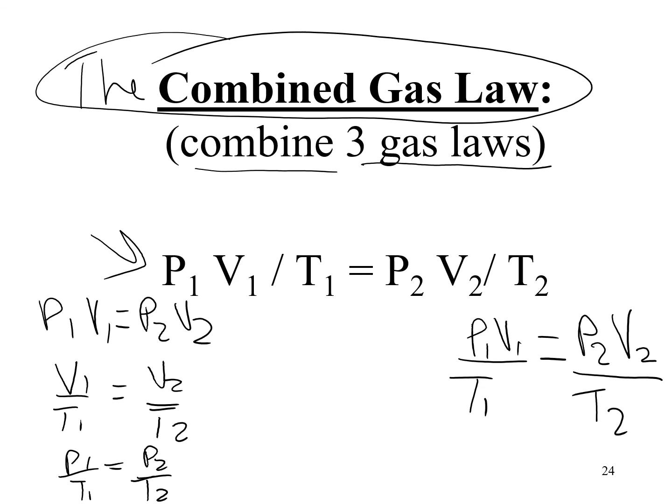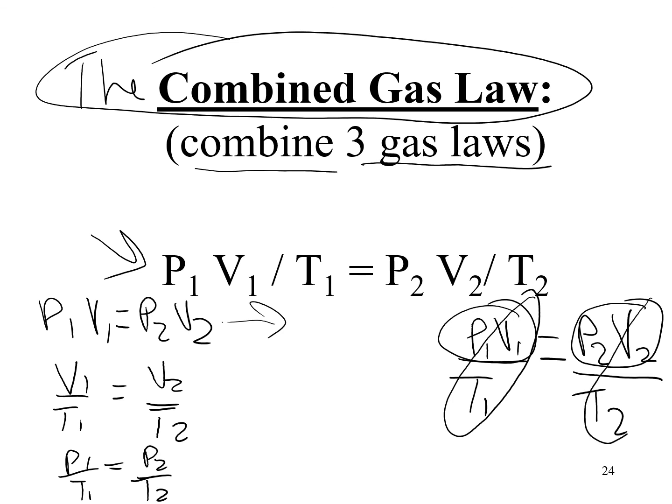The first one, Boyle's law, is P1 times V1 equals P2 times V2. And then we have Charles, the relationship between our volume and our temperature, V1 over T1 and V2 over T2. And then lastly, we have Gay-Lussac's, which is the pressure-temperature relationship. And all 3 of these formulas put together gives us the combined gas law.